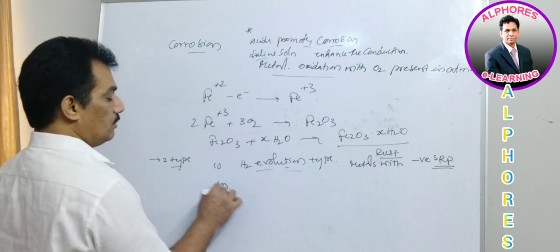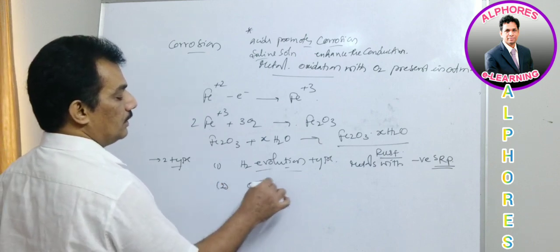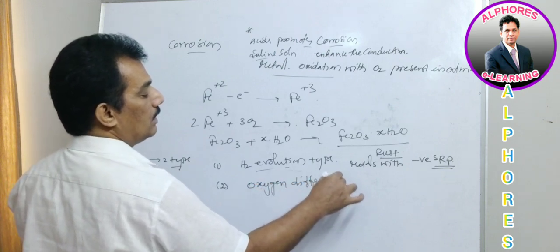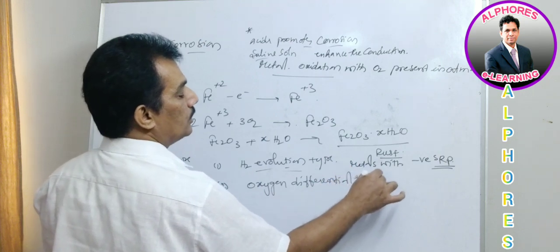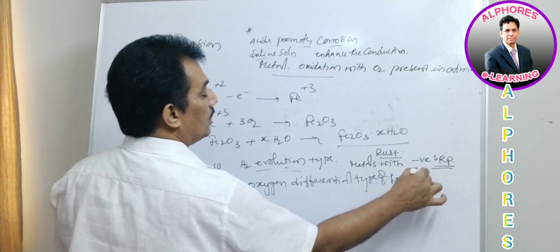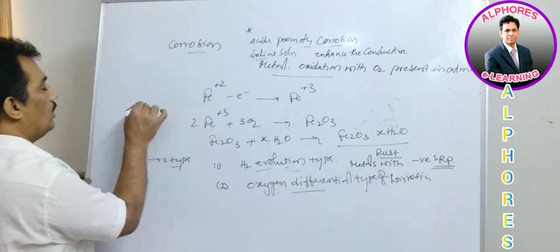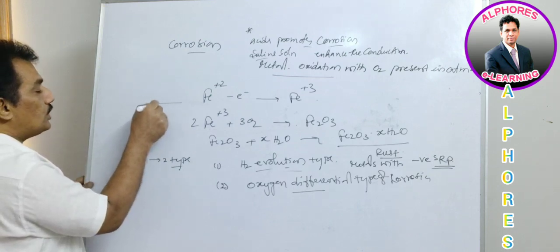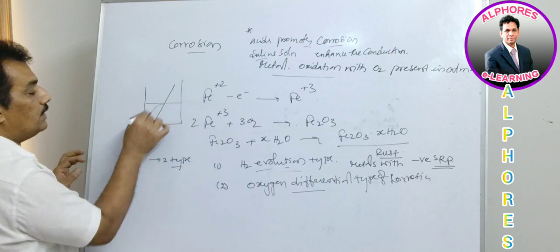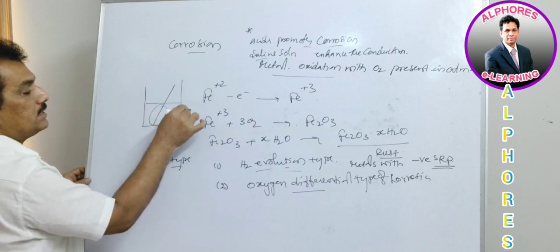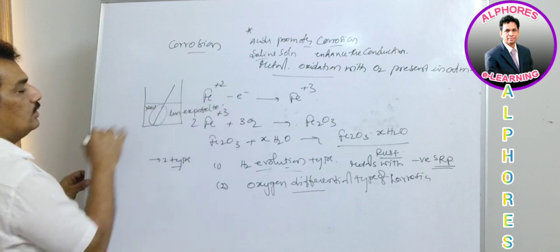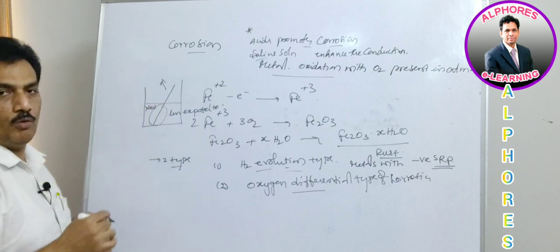And the second one is oxygen differential type of corrosion. Here, when the metal rod is kept in any solution, say for example NaCl solution, one part is less exposed to oxygen, and the other is more exposed to open air.